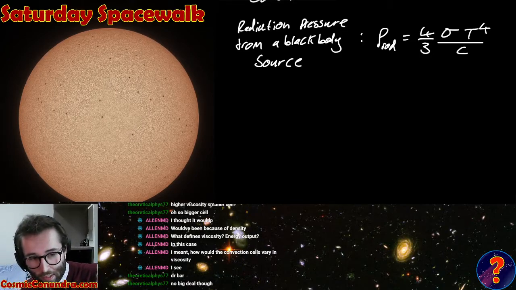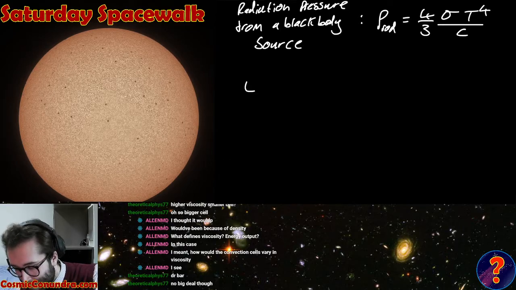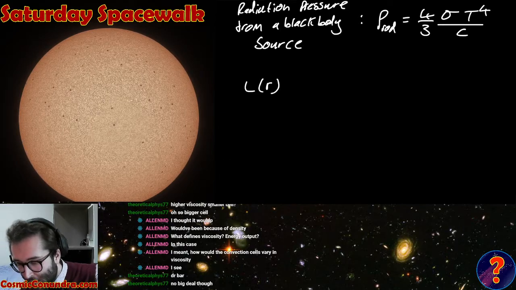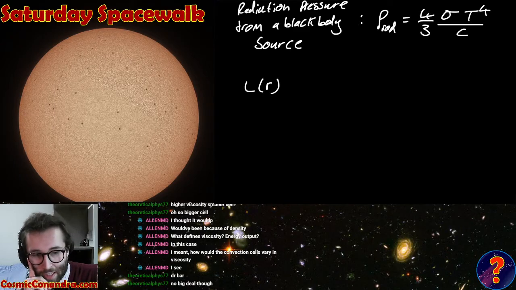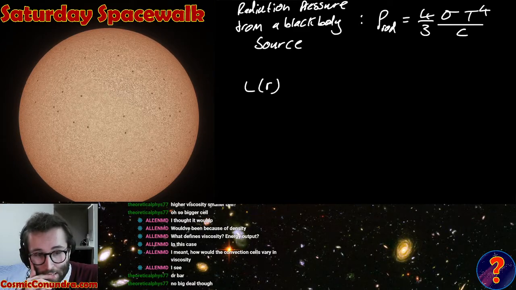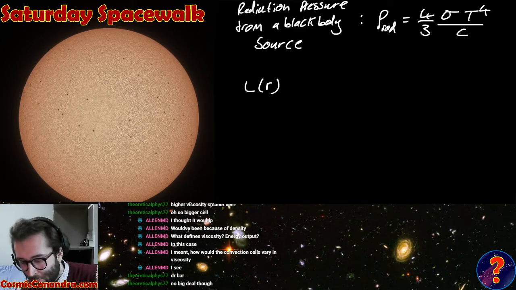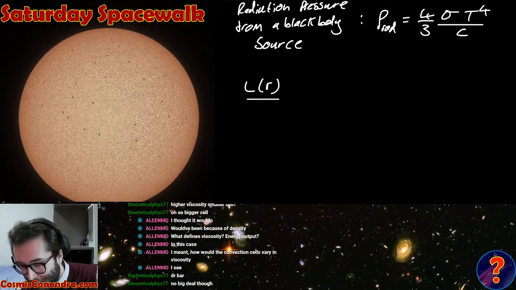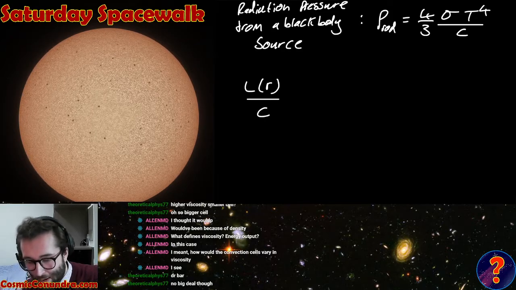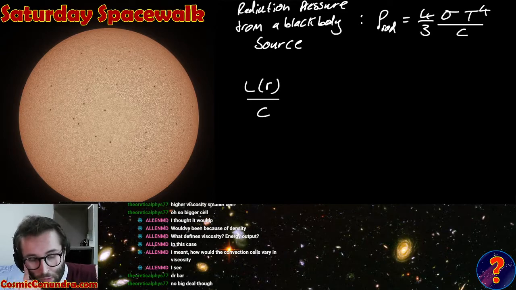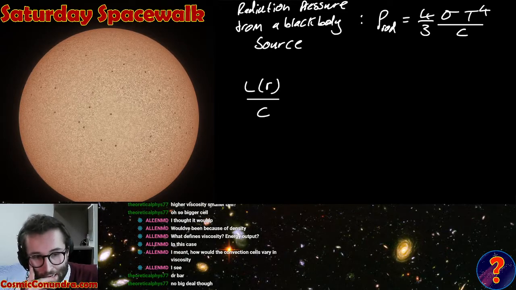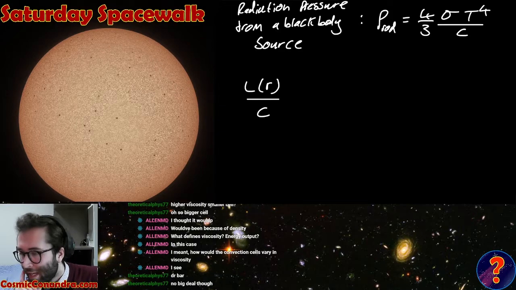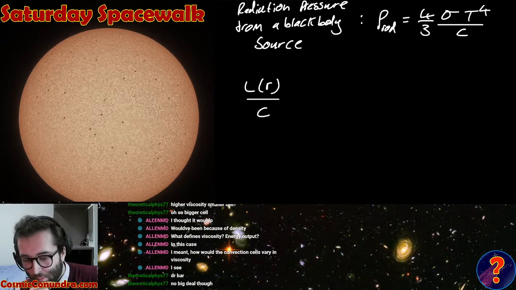So the momentum flux absorbed by a given layer, well, we have the power, so the energy per second that is absorbed, that is passing through the layer. To turn that energy per second into a momentum per second, we divide by the speed of light, using E equals pc for photons.